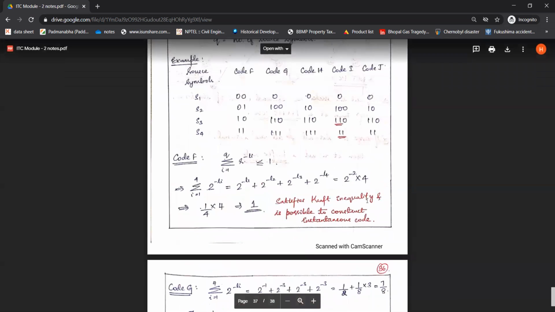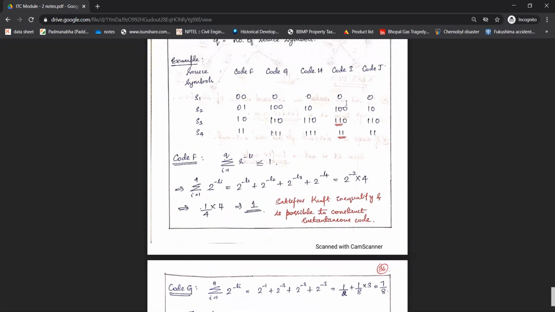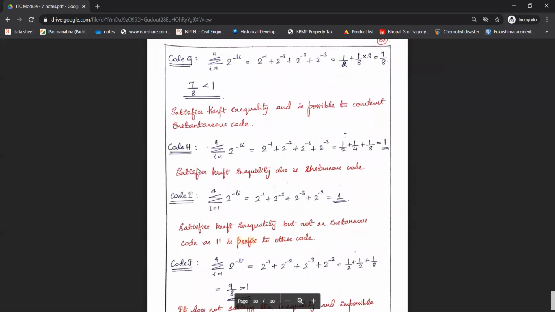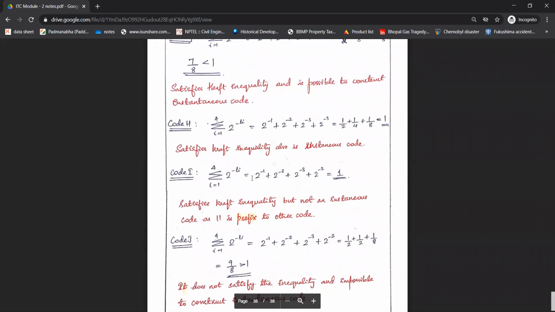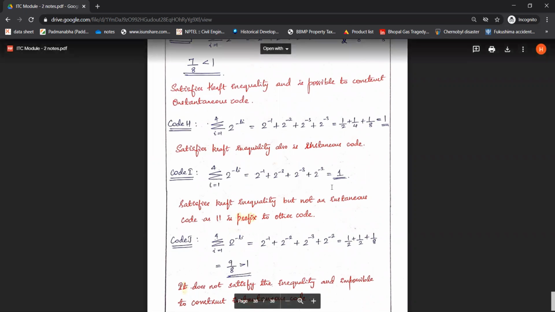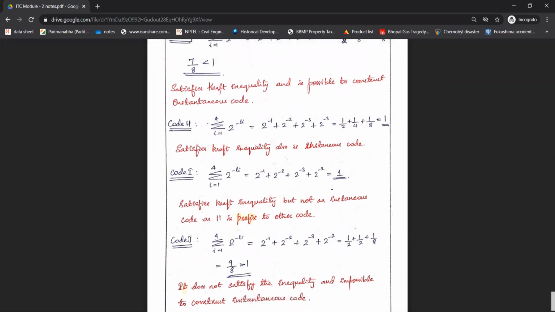Next, let's consider code I. Here we have the length of S1 as 1, the lengths of S2 and S3 as 3, and the length of S4 as 2. Let's substitute the values. The summation of 2 to the power minus li is 2 to the power minus 1 plus 2 to the power minus 3 plus 2 to the power minus 3 plus 2 to the power minus 2. The value of that will be 1. It satisfies the Kraft inequality, no doubt in that.